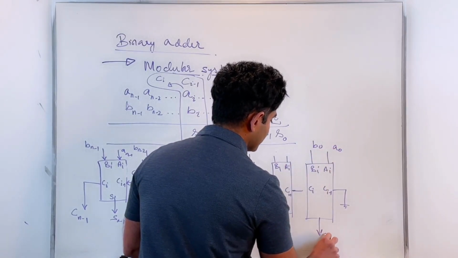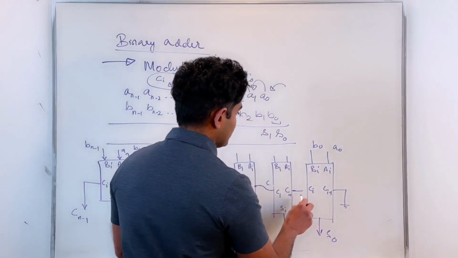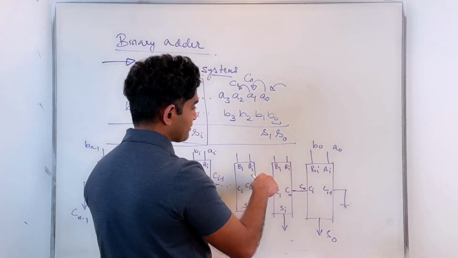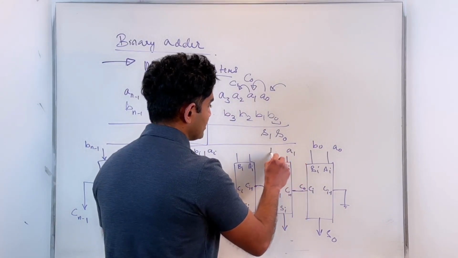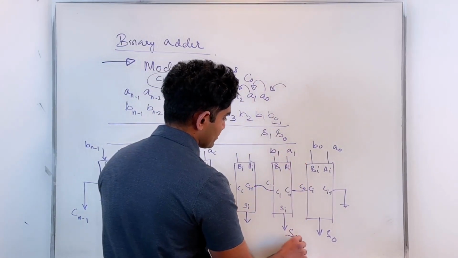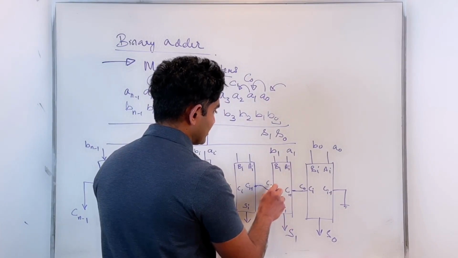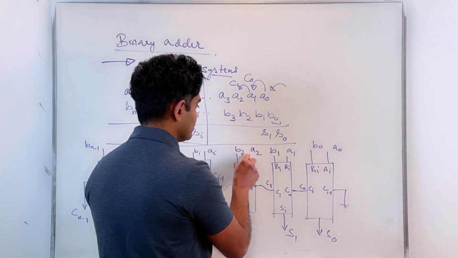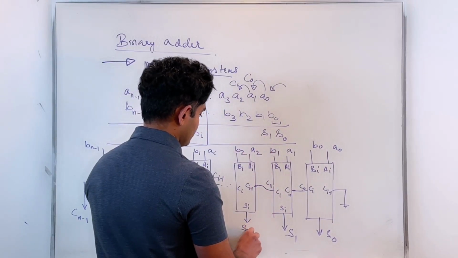That's going to provide me with S0. Then that's my C0 going in to the next bit position. Here I have A1, B1. That's my S1. That's my C1. That's A2, B2. That's my S2.